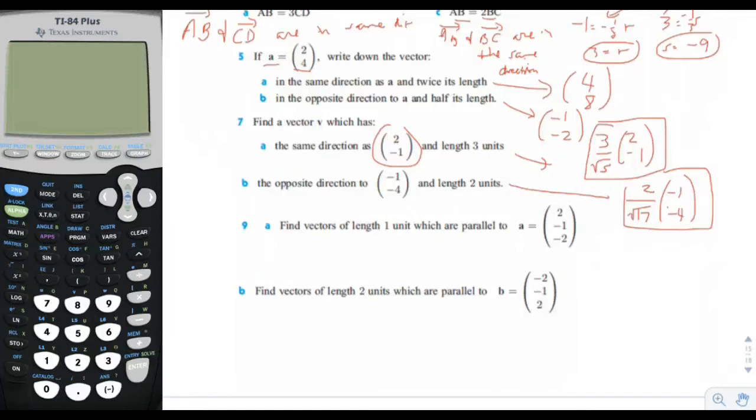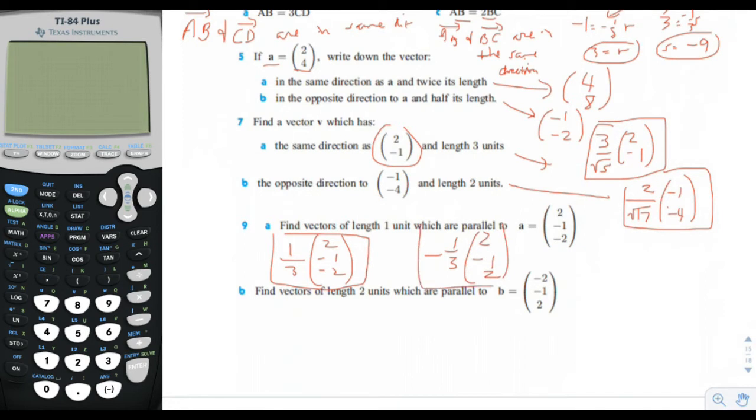That would be 3. So the length of this vector is 3, and we divide by 3. That would be the unit vector. Now they ask for the vectors of length 1 which are parallel to this. Well, one of them is this, and the other would be the opposite direction, which would be -1/3 times that.